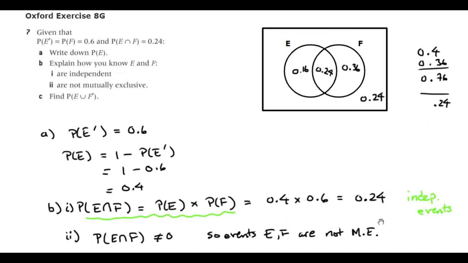If you have events that are not mutually exclusive, there's a possibility of both events occurring. And if you can chain those two probabilities together and not worry about one event affecting the other one, and if that probability works out to give you the correct one from your Venn diagram, then you also have independent events.